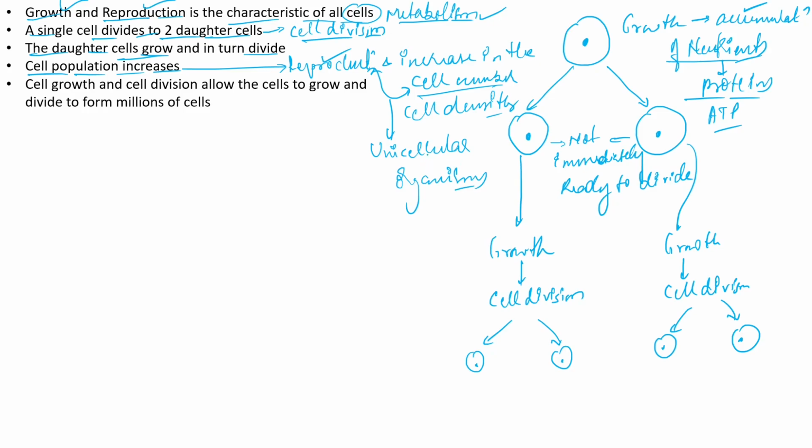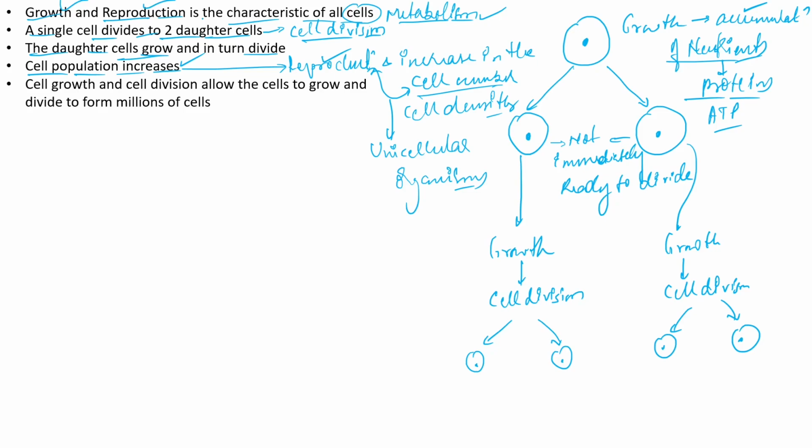But in the case of multicellular organisms, you cannot say that reproduction and cell density are the same. Both of them are actually different. The increase in the cell number is mainly due to the cell division process.